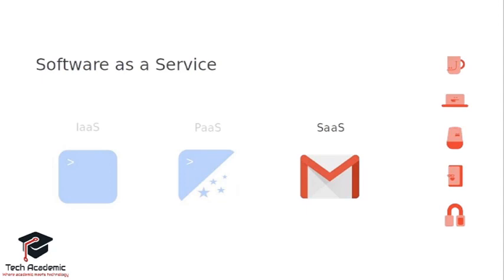Examples are Gmail, Google Docs, Dropbox. With regards to Google Cloud, there are several offerings outside their compute stack that are software as a service. These include Data Studio, BigQuery, and many more. So this is a brief introduction to the different kinds of services provided by cloud.